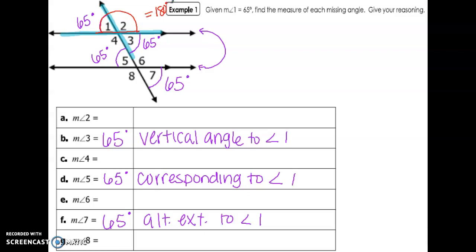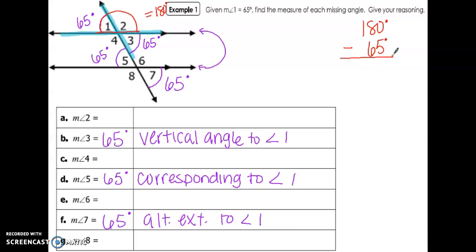So what am I going to do? I have a total of 180 degrees, but I know that angle 1 has already taken up 65 of those. So I'm going to subtract that from 180. You can go on your little calculators, on your little heads, and you are going to subtract 180 minus 65.